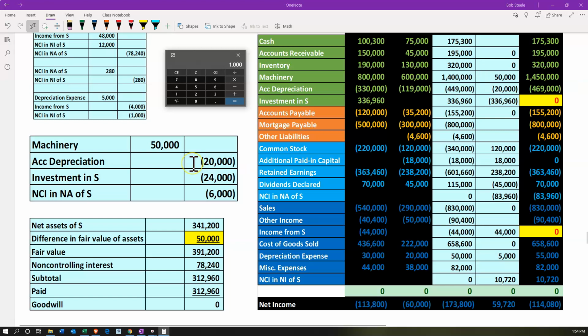And then we're also going to record, in this journal entry, the accumulated depreciation, not just for the current year, but for the entire time period up until this point, which I think was 4 years, X0, 1, 2, 3, 4 years.